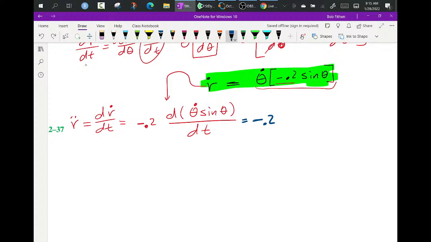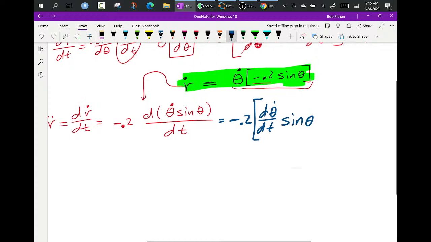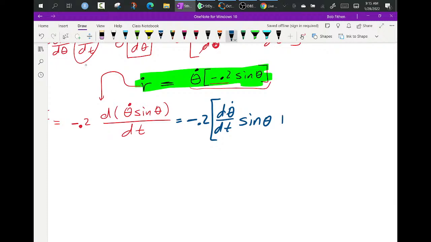So what I get is this times the sine of theta plus this times the derivative here. The problem is, well, first, there is no problem here.